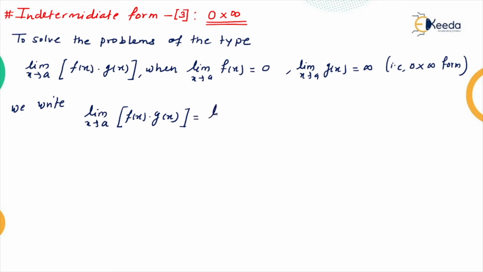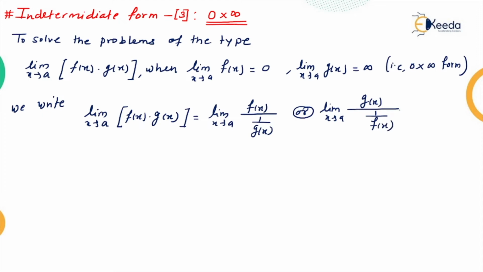This can be written as limit as x tends to a of f(x) g(x). Now, for the product f(x) into g(x), this can be written as f(x) divided by 1 upon g(x), or sometimes I would like to write it in this way: limit as x tends to a of g(x) divided by 1 upon f(x).